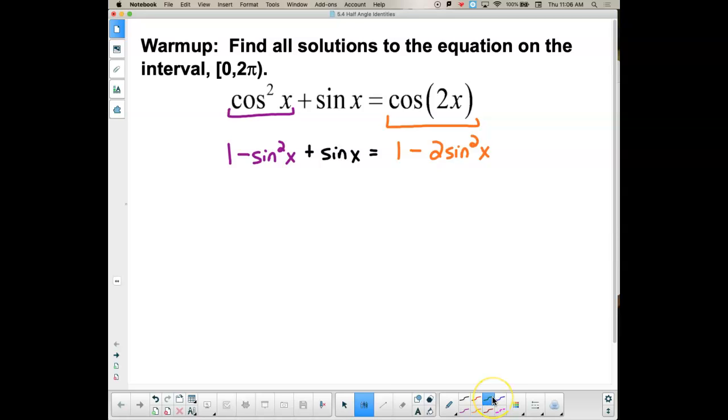Then I'm going to subtract 1 from both sides. At the same time, I am going to add 2 sine squareds. That gives me sine squared plus sine equals 0.